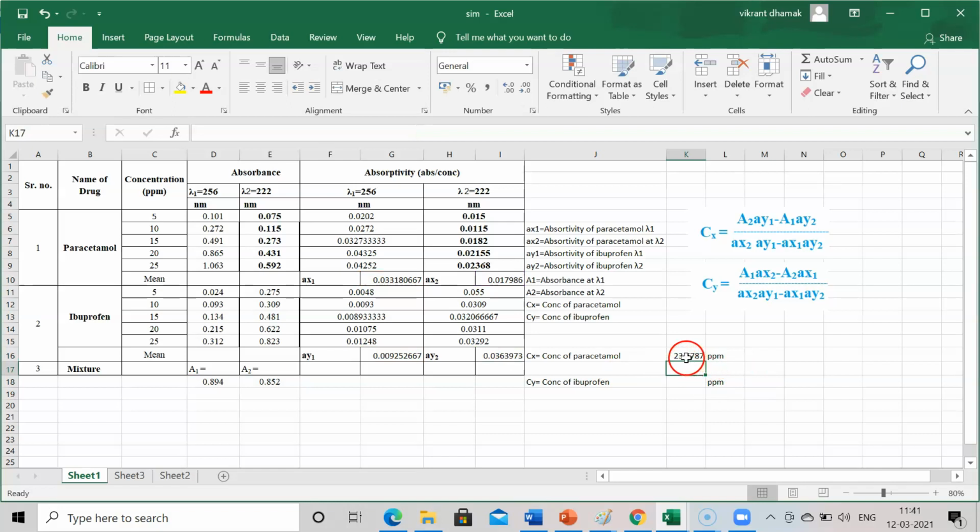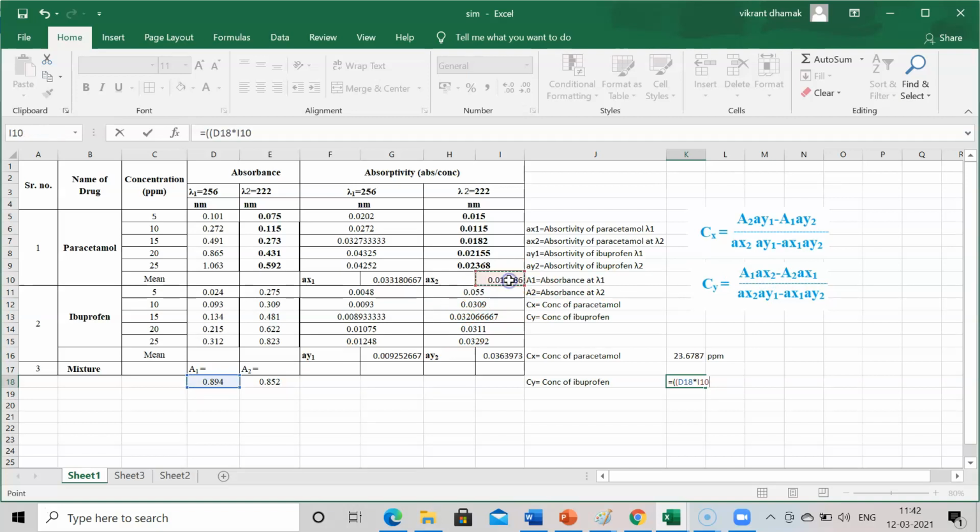So this is the value that we have got, 23.67 ppm concentration of paracetamol. Now in a similar way we will find the concentration of ibuprofen. So again press equal to, again put a double bracket, A1. So let's select the A1 into that is AX2.